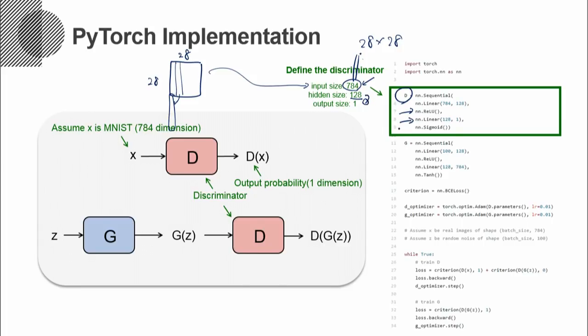At the end, we go through a sigmoid function so that it generates an output ranging from 0 to 1, where 1 indicates 100% probability of being a real image, and 0 indicates 0% probability of being a real image, which corresponds to 100% of being a fake image.